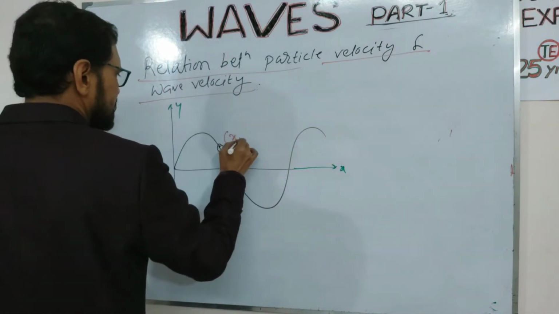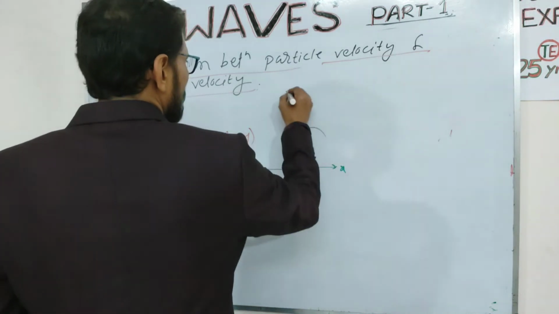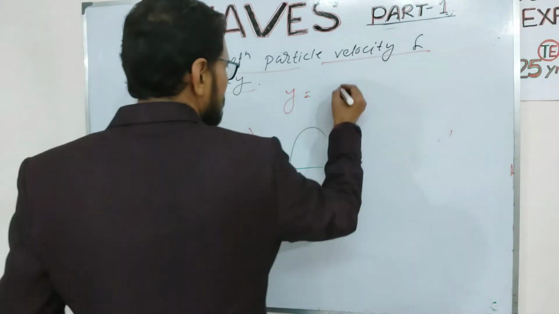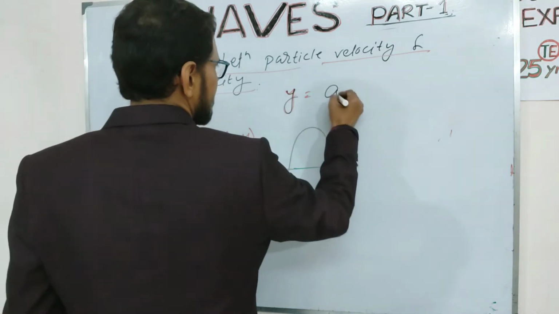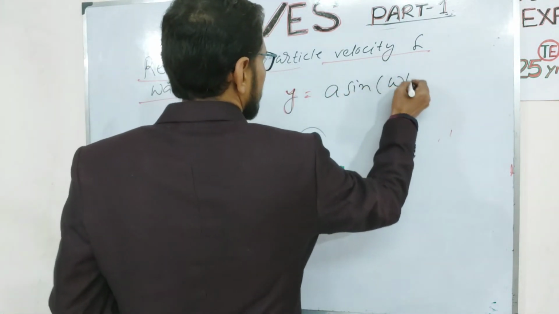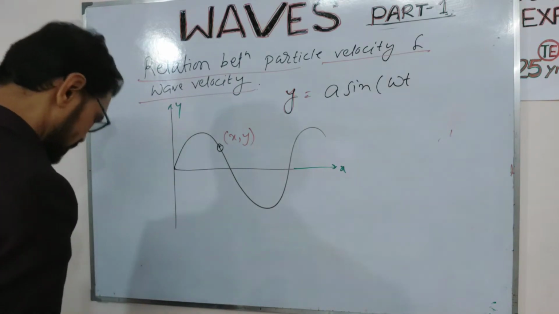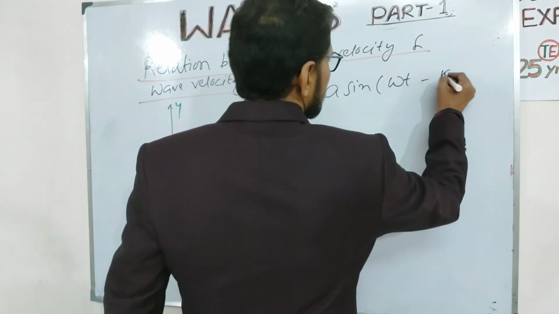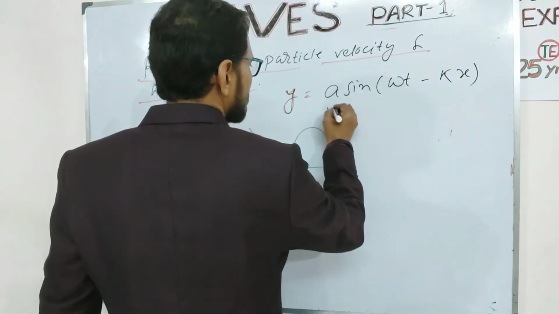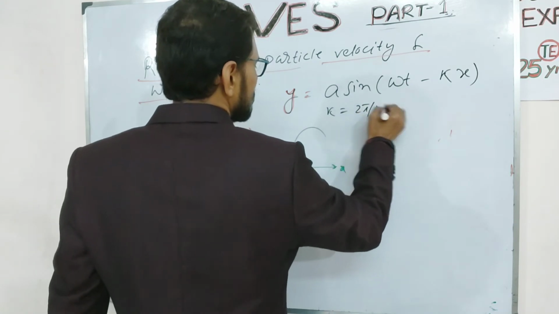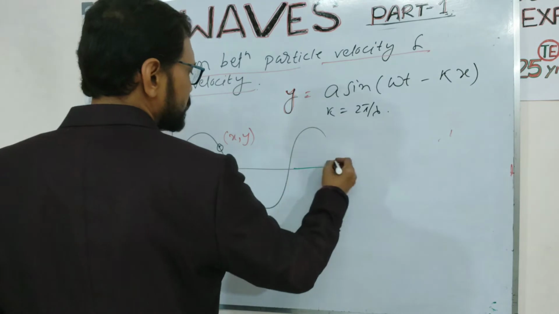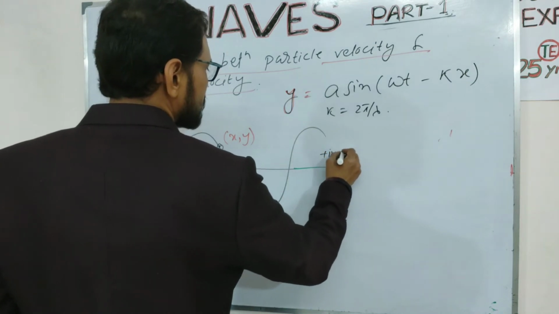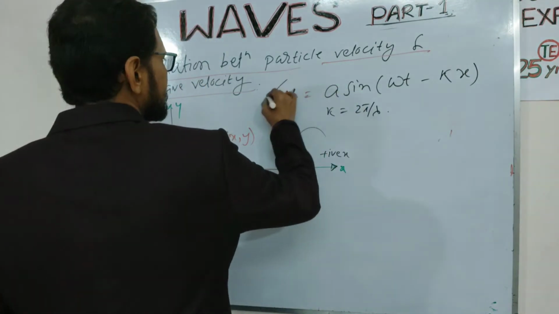The displacement y: the equation of a progressive wave is y = a sin(ωt − kx), where k = 2π/λ is the wave constant. If the wave moves towards the positive x direction, then the wave equation is written as this.